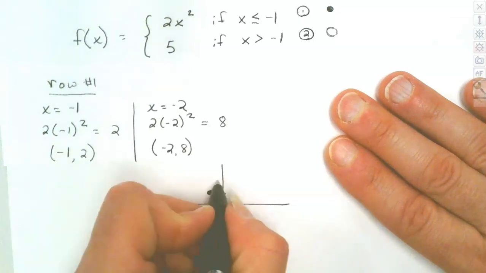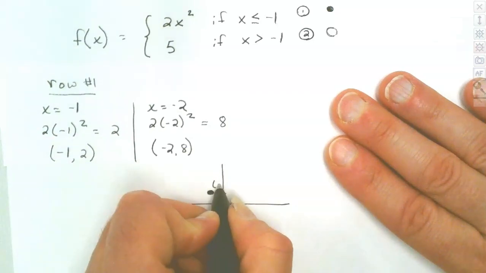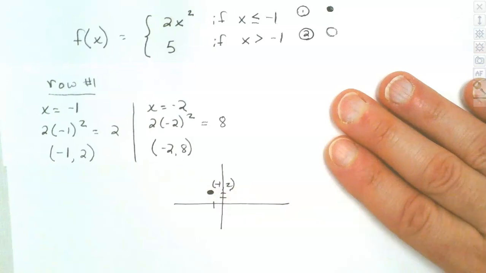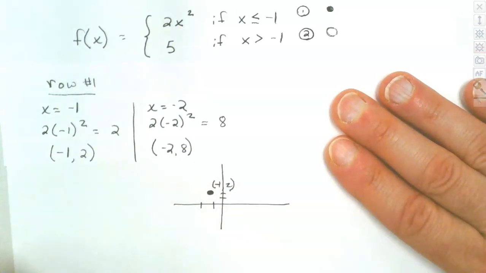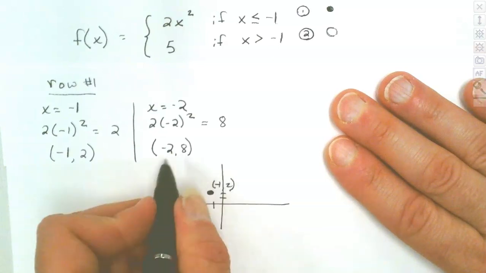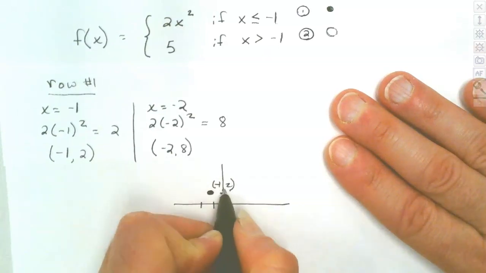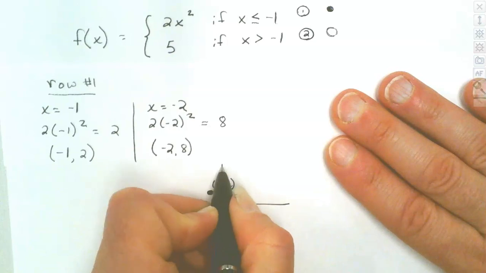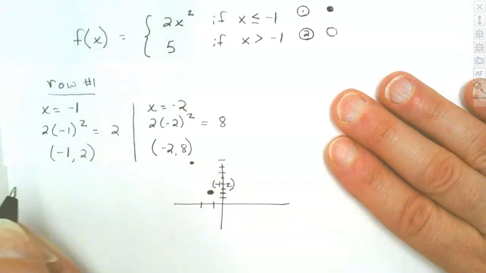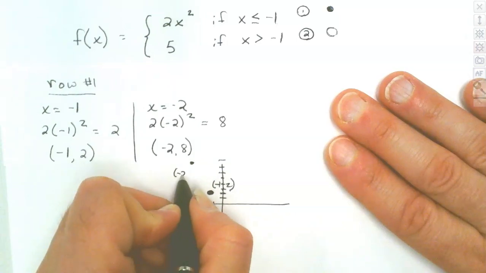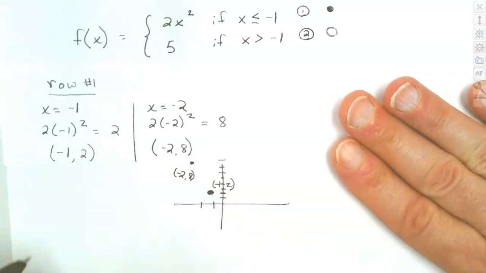And that point is -1, +2. My second point is -2, +8. So there's 2, 3, 4, 5, 6, 7, 8. So it's going to be clear up here. And that's at -2, 8.